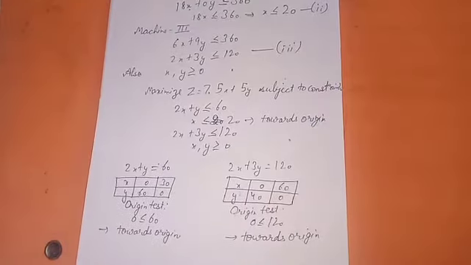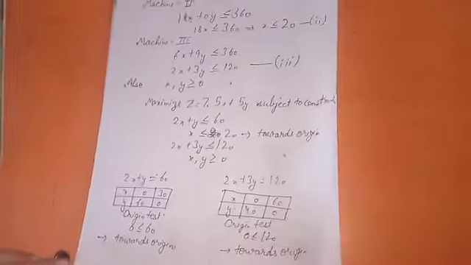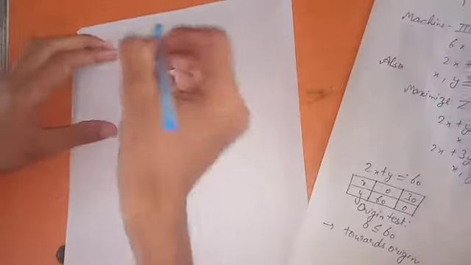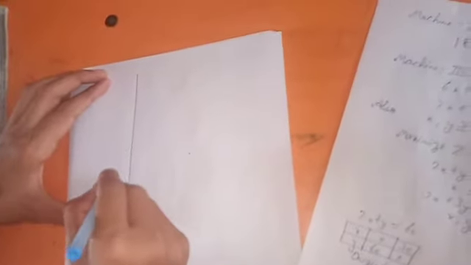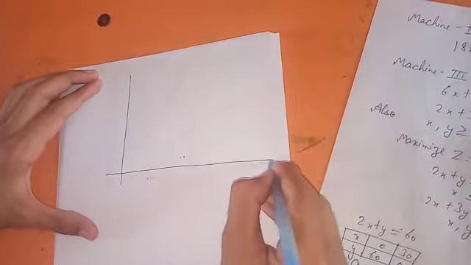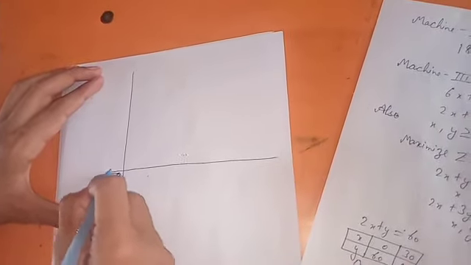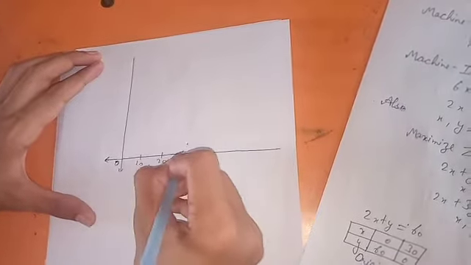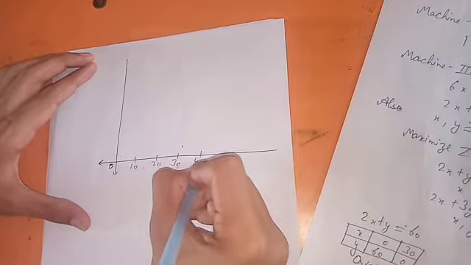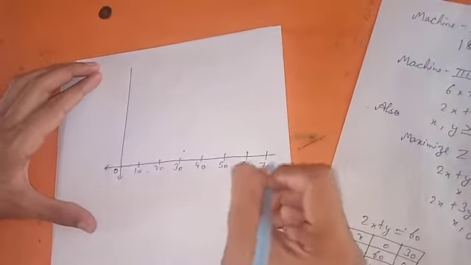Okay. Now using these values, we will make a graph. So first let us draw. It will be our graph. It is our origin O, 10, 20, 30, 40, 50, 60, 70.